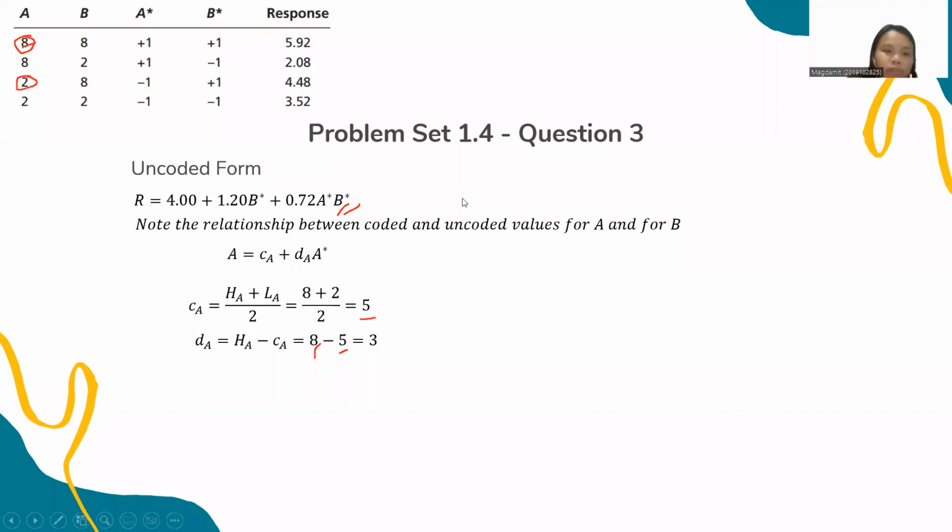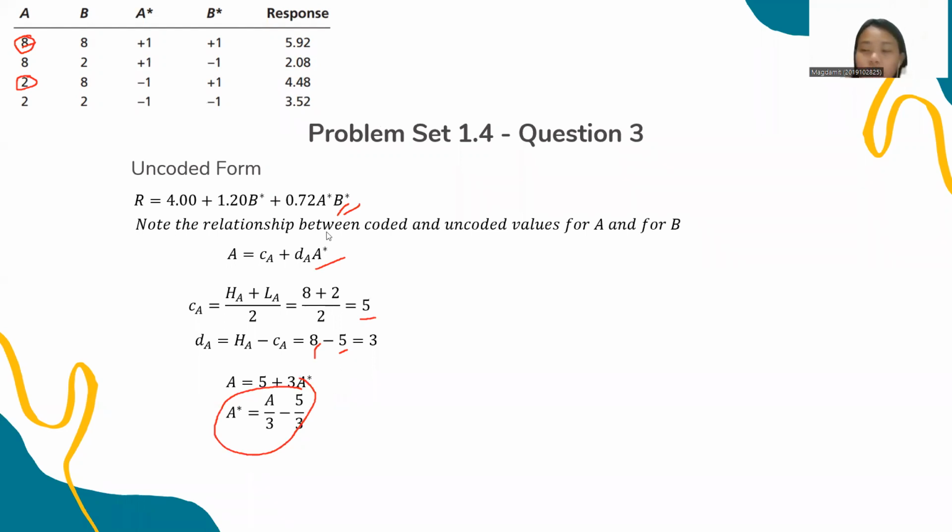Now, we will substitute these values in this equation. So we got A equals 5 plus 3 A asterisk. Then manipulating this equation, we have an equation for A asterisk, which is A over 3 minus 5 over 3.